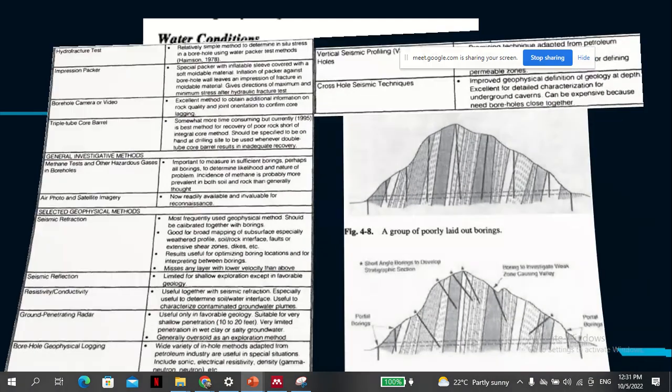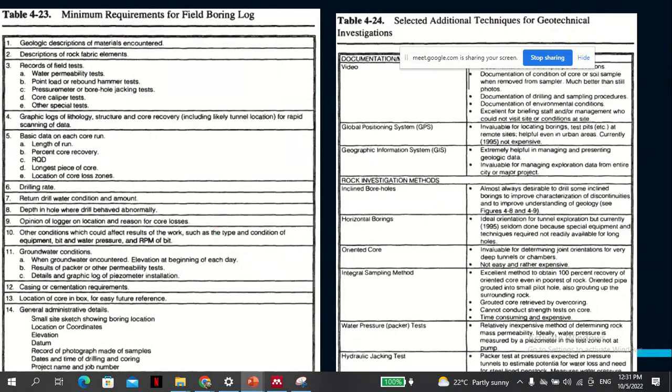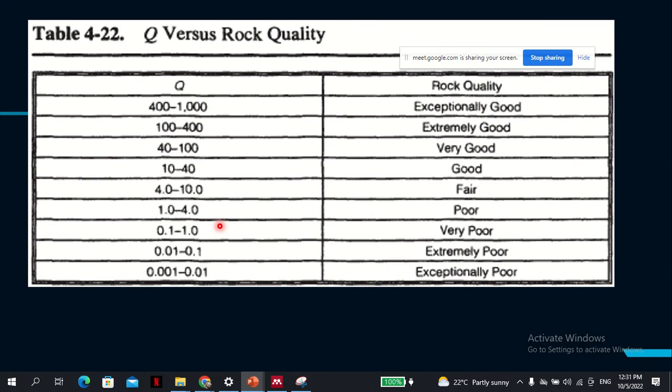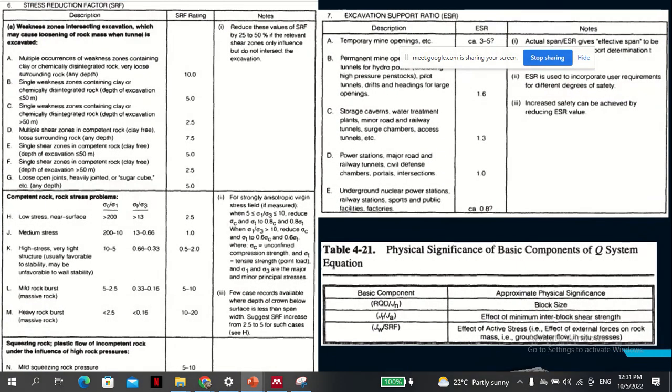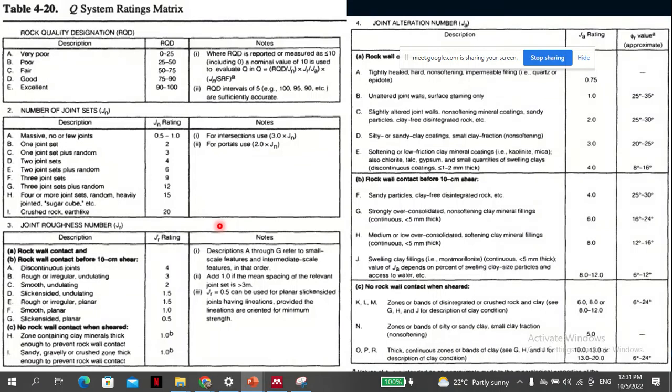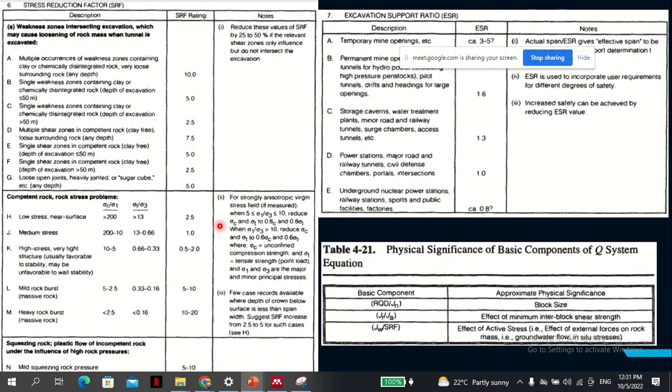All those details are showing you how to assign the SRF or the JN or the JA. So this is basically a repeat of what is shown.